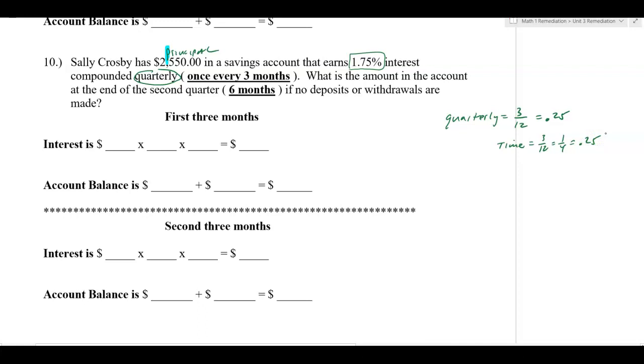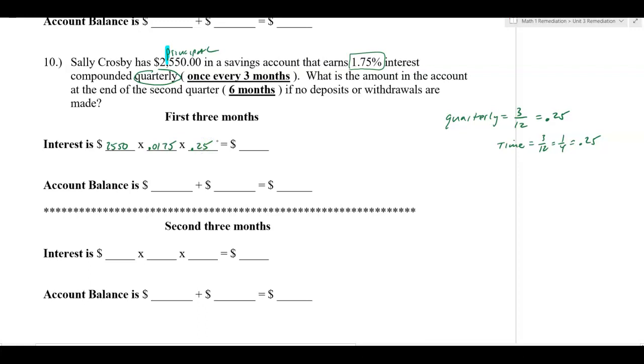So the first 3 months, right? I'm not going to earn interest until the third month is over. So the interest I earn would be the principal, 2,550, times the rate, which is 0.0175, times the time, 0.25.